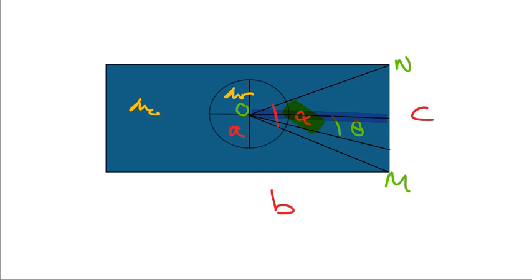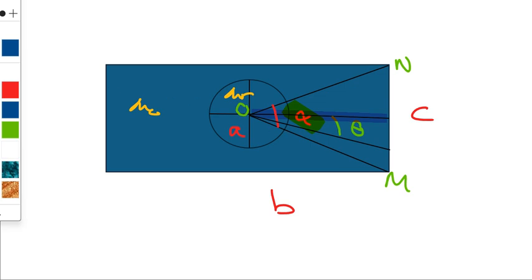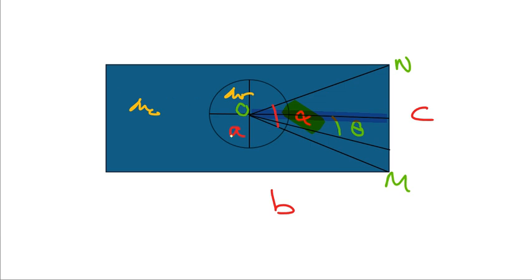Again with yellow, we got r, this segment here from the origin to the segment. And you can see the r length may change because of the angle alpha. It's not a straight line; it could be at a certain angle and be a different length. That's why we're going to use integration.